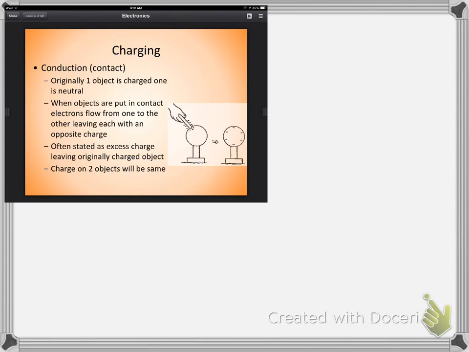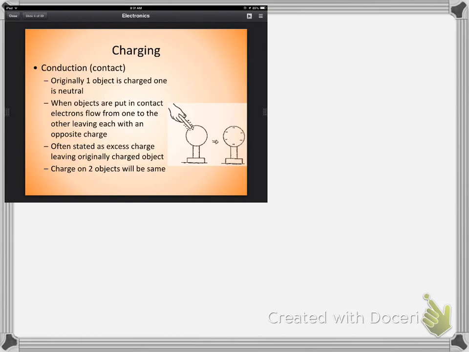If I touch that rod to something else, the charge in the rod goes away, because I have just either pulled electrons off or dumped electrons on to that third object. That's conduction charging.